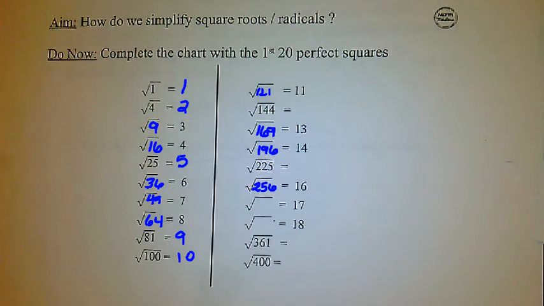This one's 121. And remember, all this means is what times itself equals that number underneath the square root.